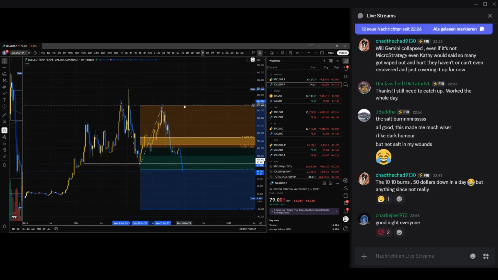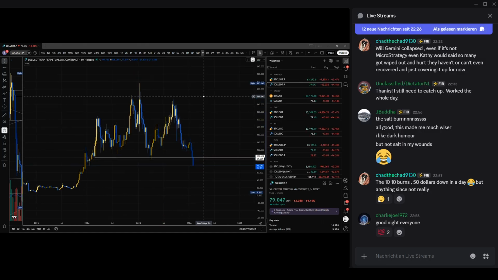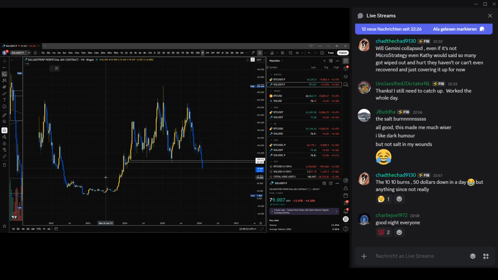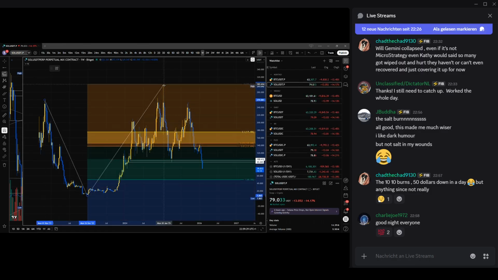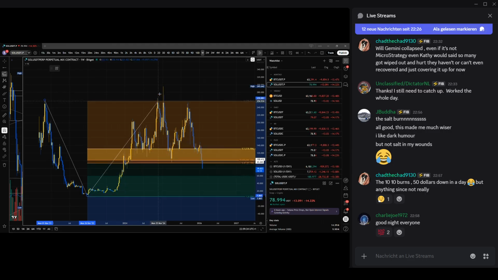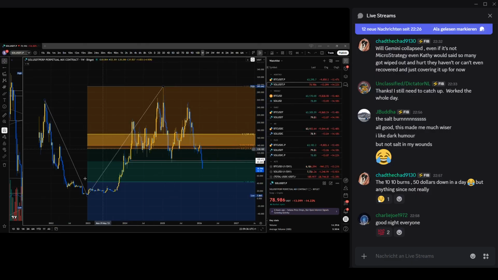So if you want to have solid Solana targets, then you can also do that inversely from here. Always have to think for a second where to put the anchors into both directions. I guess it's a bit harder on Solana because it went all the way down to $8.